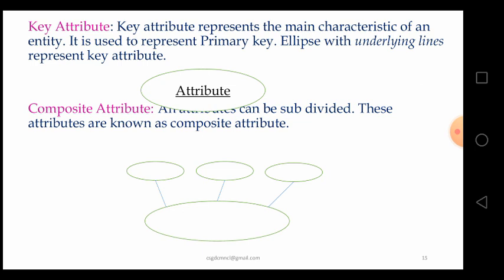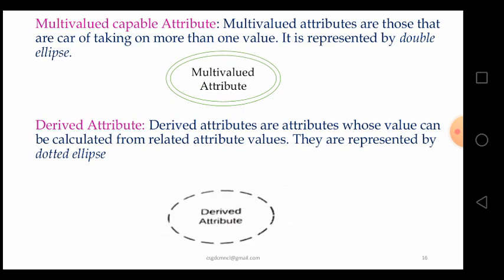An attribute can be subdivided. These attributes are known as composite attributes. Multi-valued attributes are those that are capable of taking one or more than one value.